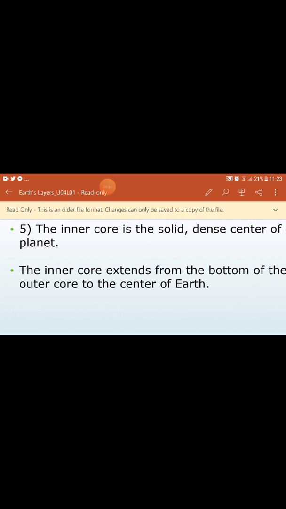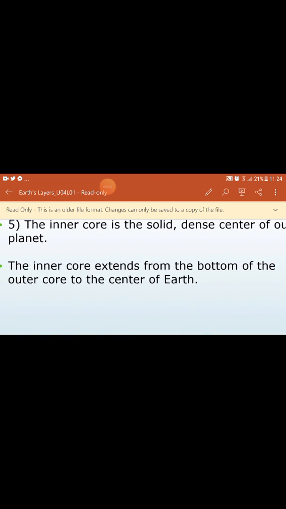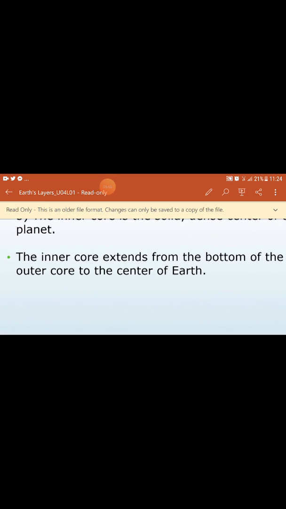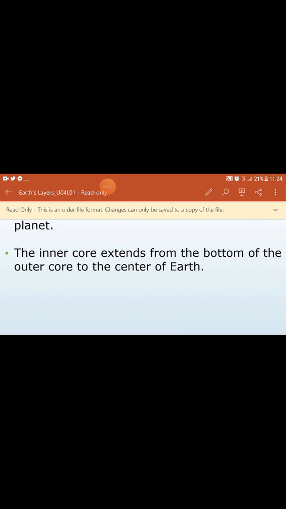The difference between it and the outer core is that it is very dense because it becomes solid. The solid mass is greater, so it becomes greater in mass or in density also. The inner core extends from the bottom of the outer core to the center of the earth.